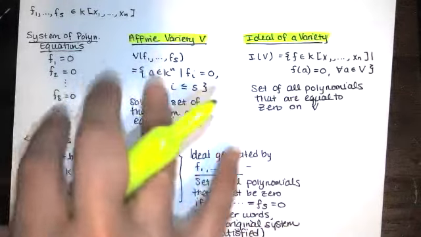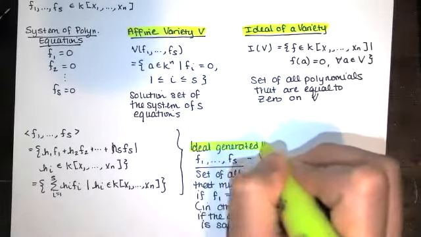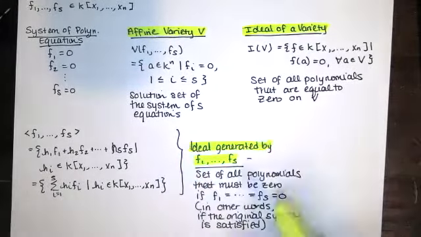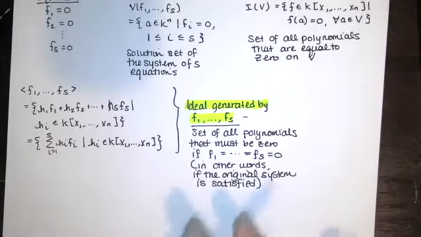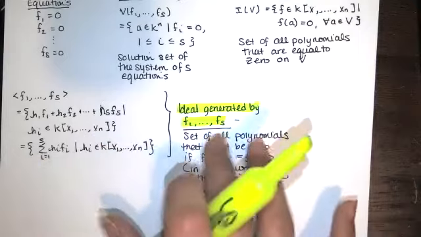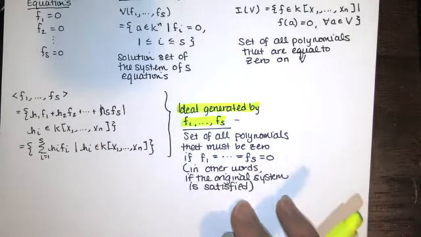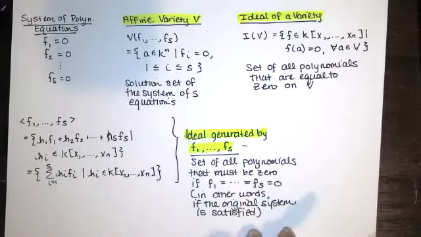And then we have the ideal generated by these polynomials, which is the set of all polynomials that must be 0 if those polynomials, the generating polynomials, are equal to 0. In other words, these are the polynomials that must be 0 if the original system of equations is satisfied.